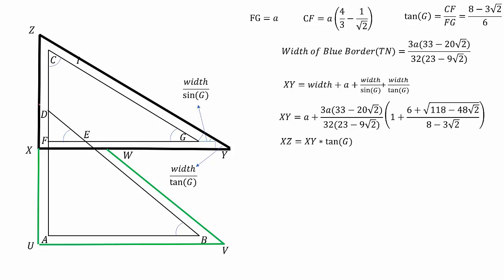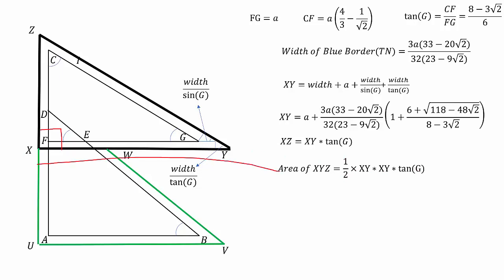Then we calculate XZ. Since this is a bigger right angle triangle, XZ can be calculated using XY times tan z. Since angle z is equal to angle y, we can use tan z instead of tan y. So the area of the triangle which has the black border, triangle XYZ, can be found using the formula 1 by 2 times base into height.